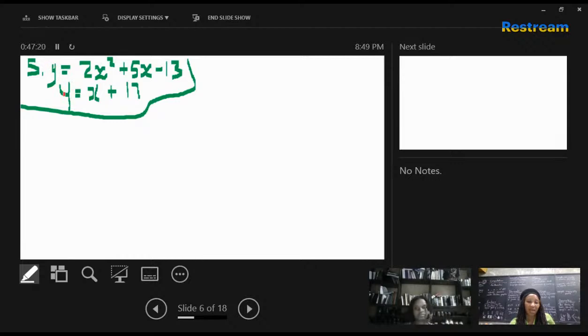We're equating the terms, substituting this value for y where y is here. The idea is we want to end up with one single equation that we can solve. So we're putting the x plus 17 where y is up here.